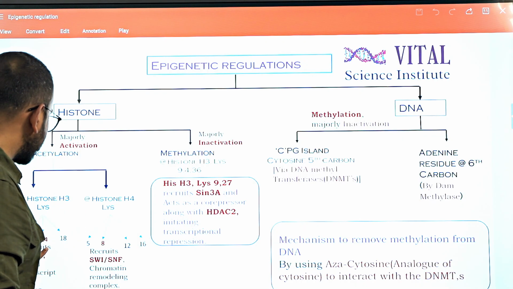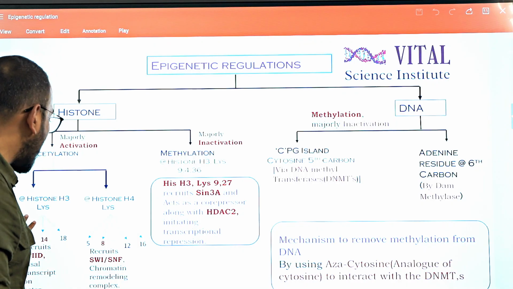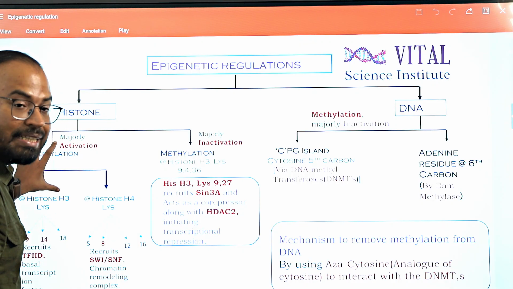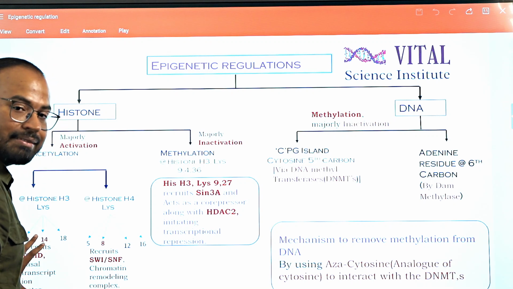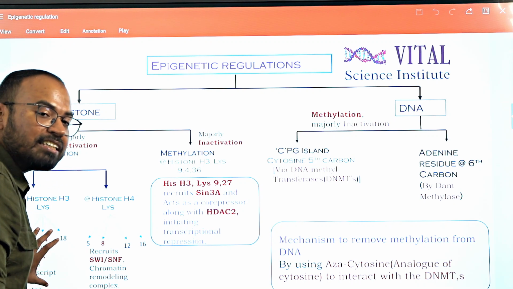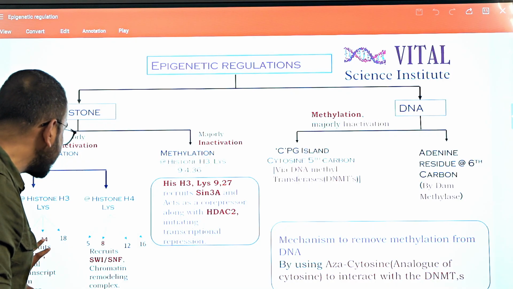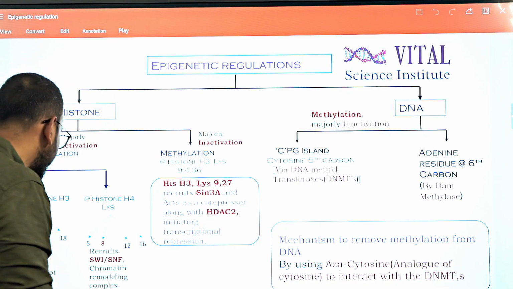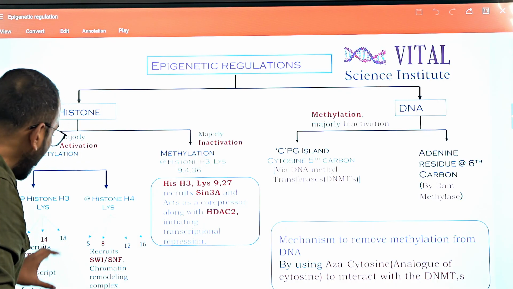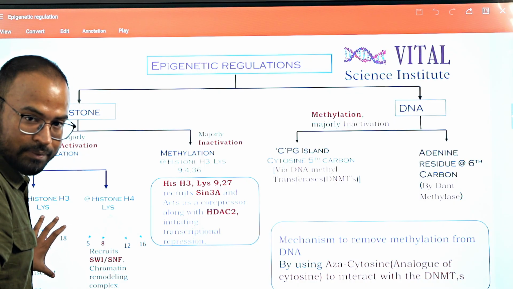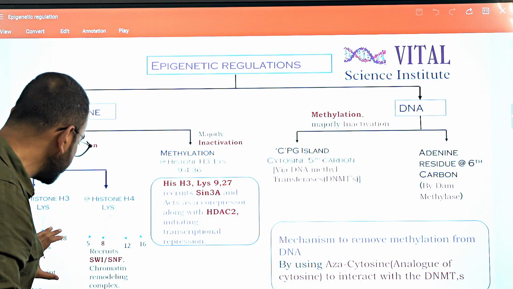How does the activation by means of acetylation occur? It recruits our transcription factor 2D. Note it. And this will initiate the mechanism of transcription, followed by gene activation.